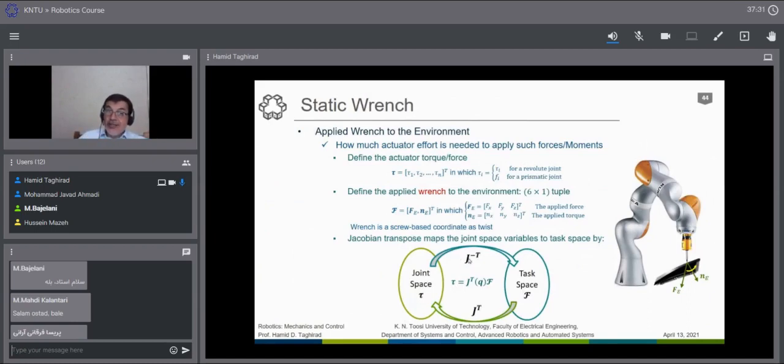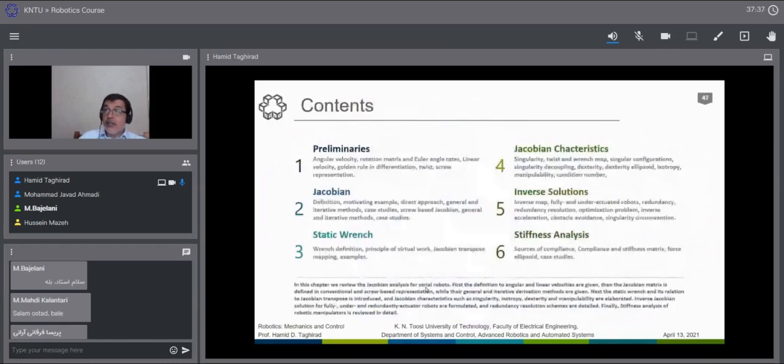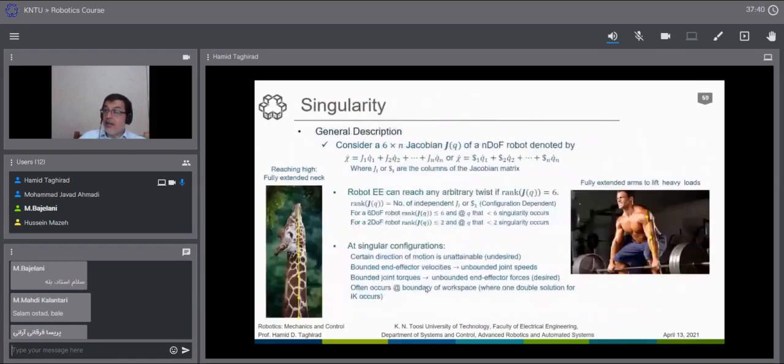And this means, you know, that the Jacobian transpose acts in the force space. So this is very good. This will give us a very good solution. And as you see here, bounded joint torques result in unbounded end effector forces. What does it mean? It means that if you want to take a very heavy load, like what this man is doing here, you usually fully extend your arm and then take the load up.